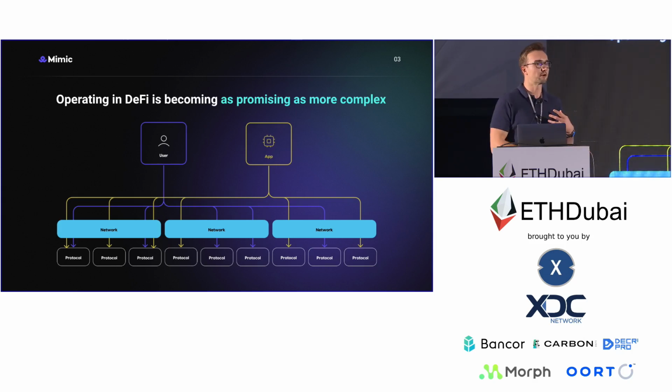Some of them offer APIs, some of them don't. So both users and applications have to interact with most of them in a very isolated way, which can lead to a lot of security breaches, and it's not efficient.